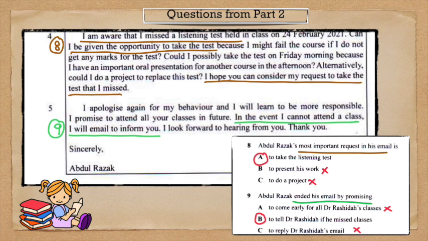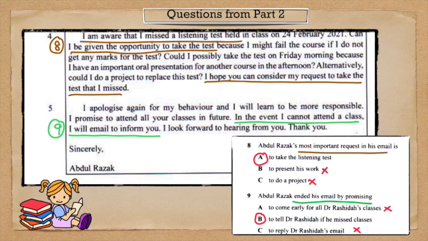Alright, so how did Abdul Razak end his email? Did he promise to come early for all Dr. Rashida's classes? Can you find any evidence mentioning he would come early? No, right? So you cross it out. And then B, to tell Dr. Rashida if he missed classes, where can you find it?